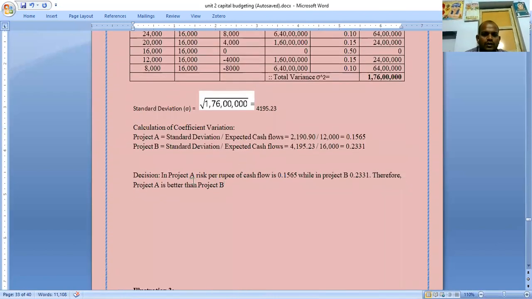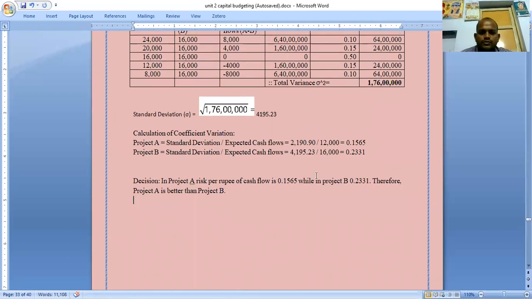Here also, higher the COV, higher will be the risk in project B. That is why project A should be selected because it has lower COV. Even in standard deviation also, project B has the highest standard deviation when compared to project A.